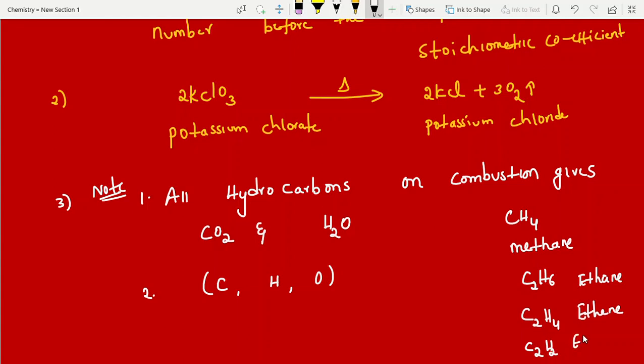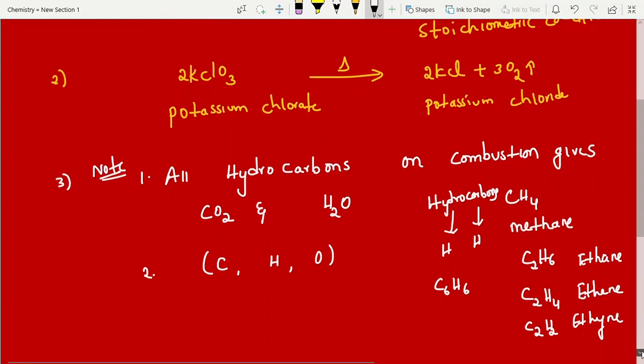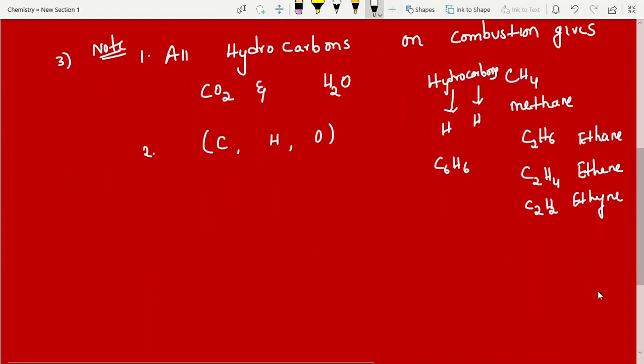So these are all hydrocarbons. Hydrocarbons are nothing but compounds with only carbon and hydrogen. Even benzene also, same thing, no? So you can write these. I will give you 3 examples here, students, so afterwards you can work out the remaining questions.